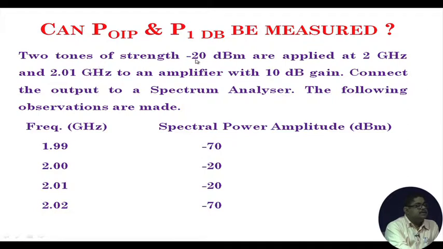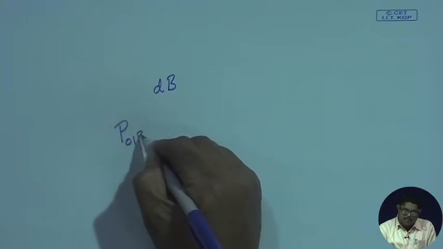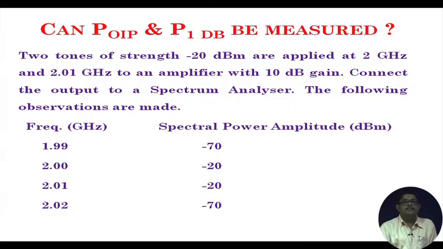You see that this is the way of measuring this third order intercept point POI P3. Oh, there is also another mistake, that POI P3 should be there in the title, because this is the third order intercept point's symbol. Now, you need to apply these two different tones, let us say with minus 20 dBm power each, and the amplifier is of 10 dB gain.